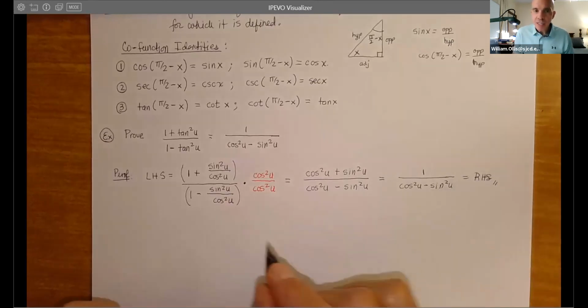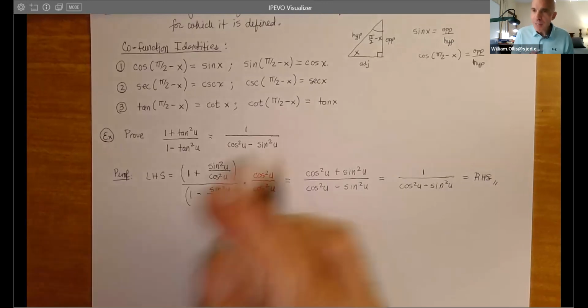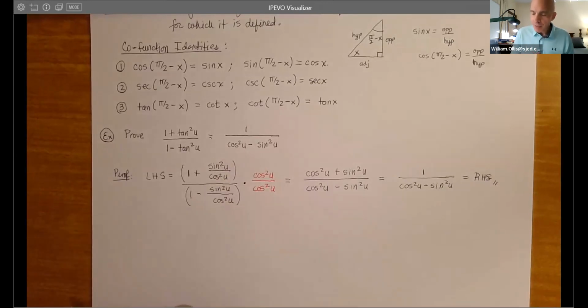So the technique is basically to transform one side into the other, and you can pick either side. There's no right way or wrong way to do an identity proof. I mean, when you prove formulas in mathematics, you use whatever is at your disposal. With Heron's formula, I didn't tell you what the formula was. We just derived one.